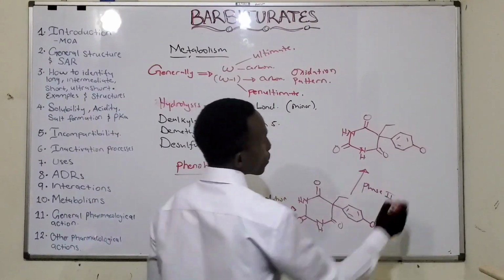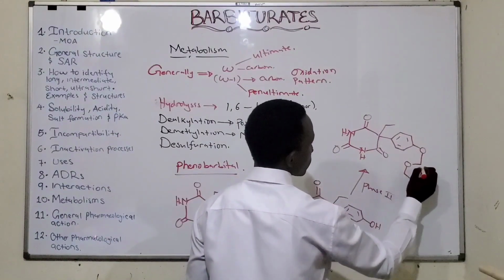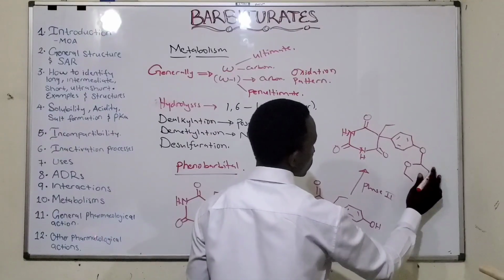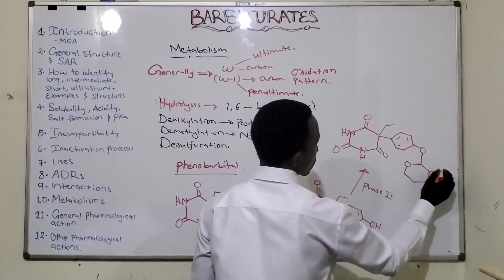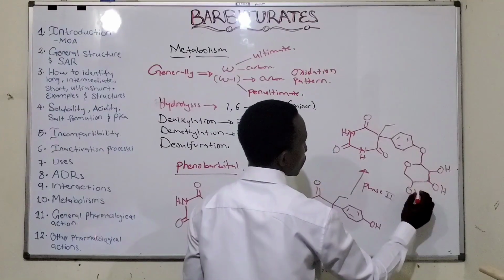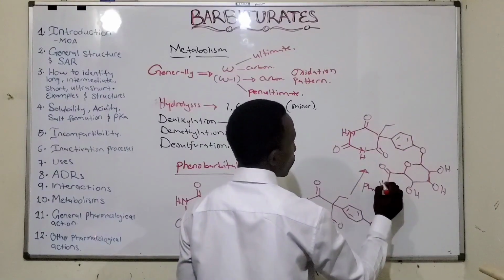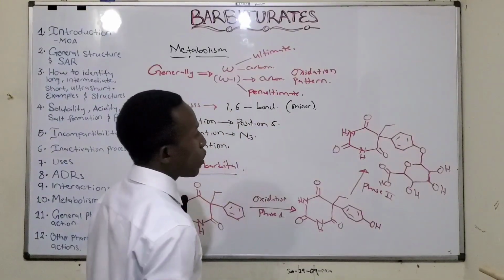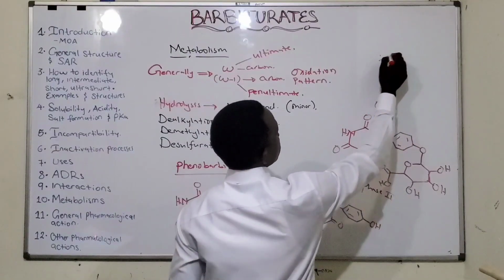Now this one can be conjugated with glucuronide, with OH, OH, OH, and OH. Or by sulfate.